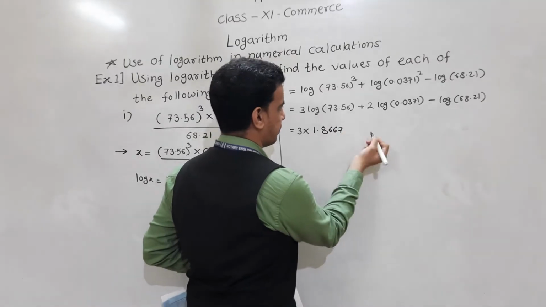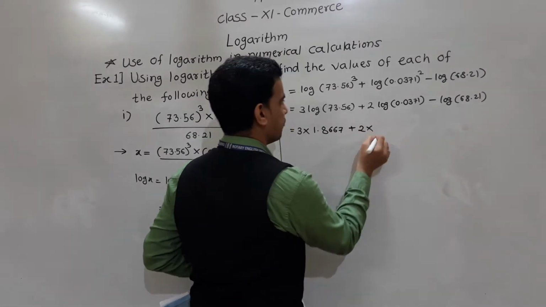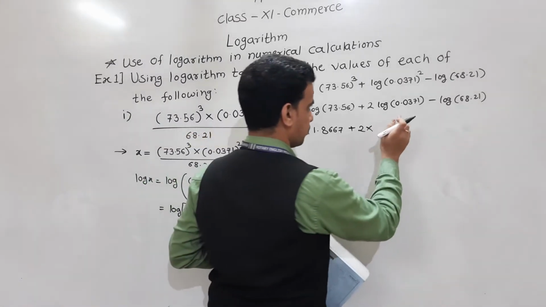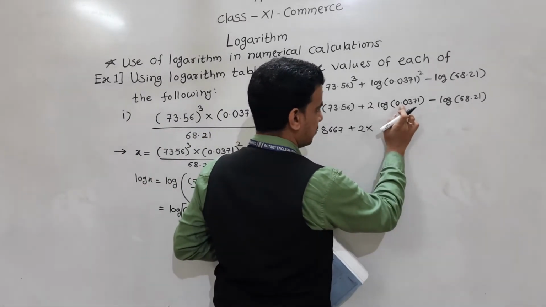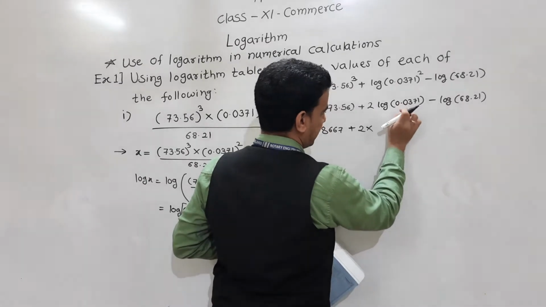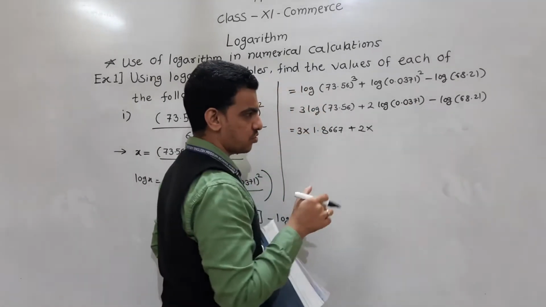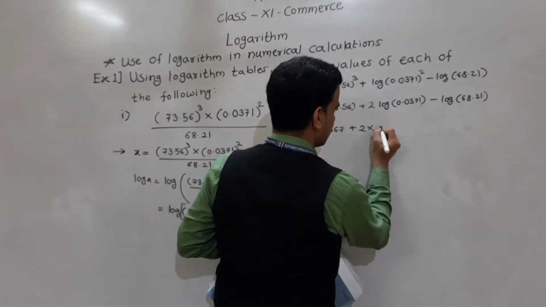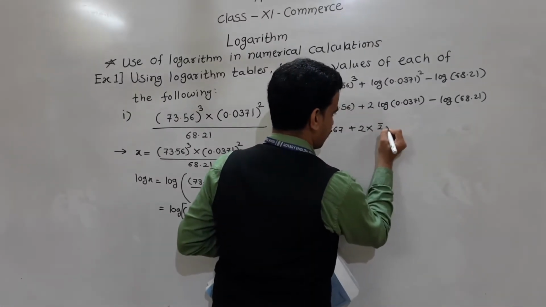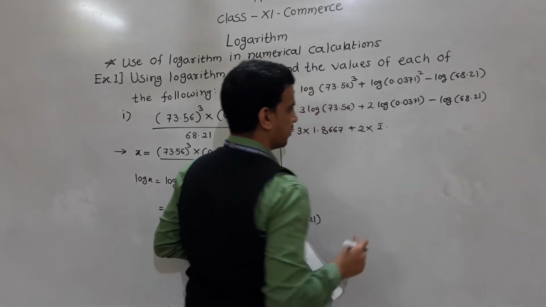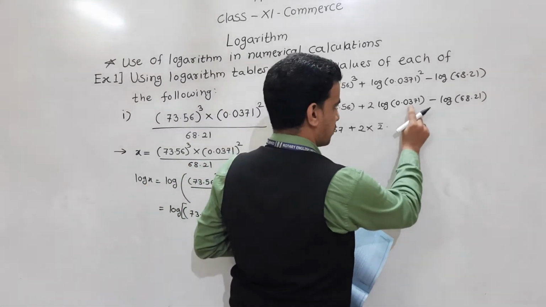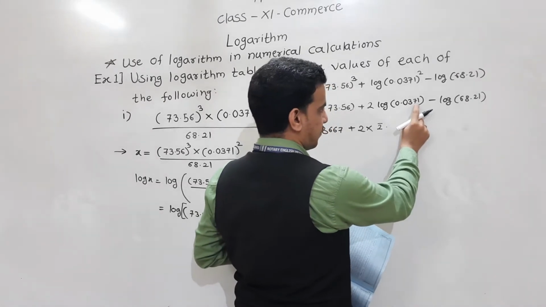Plus 2 into, characteristic of this number is minus 2. Okay, because between decimal point and first non-zero digit there is 1 zero, so add 1, that is 2, and give minus, so minus 2 or bar 2 point. Now we have to see number, first 4 non-zero digits are 3710.